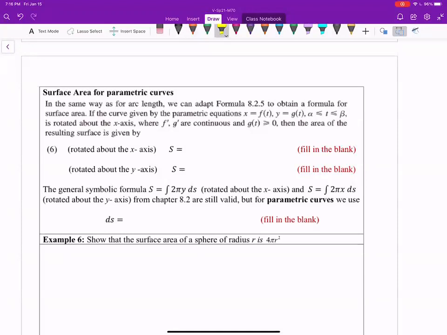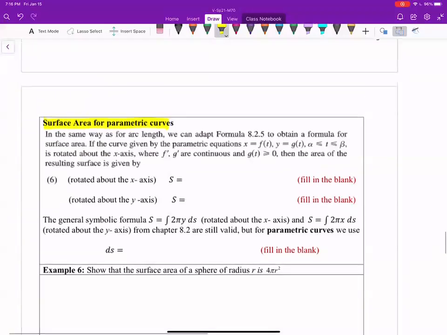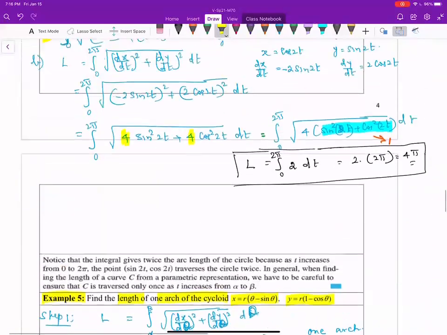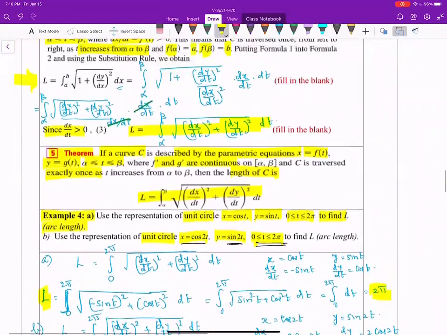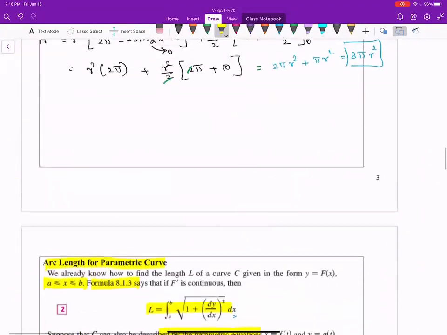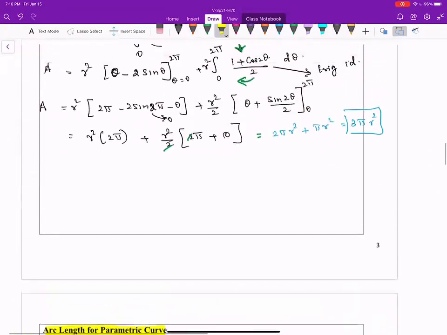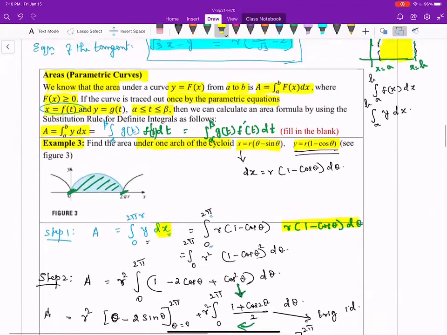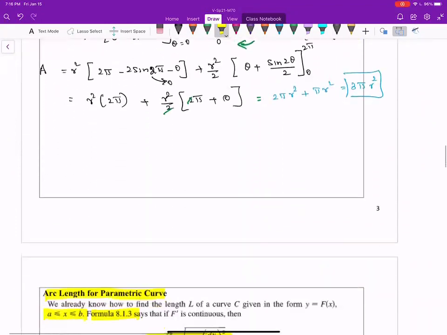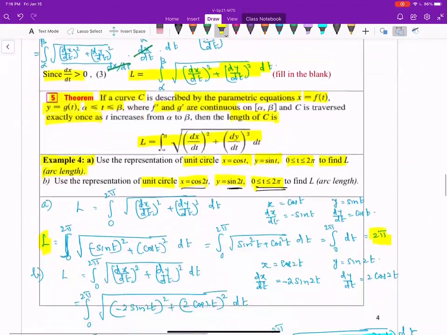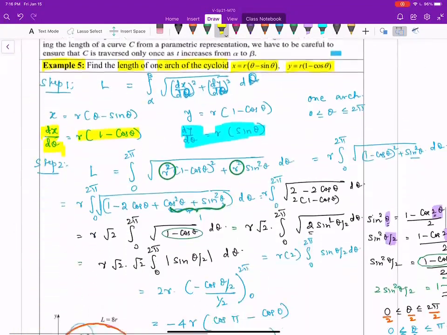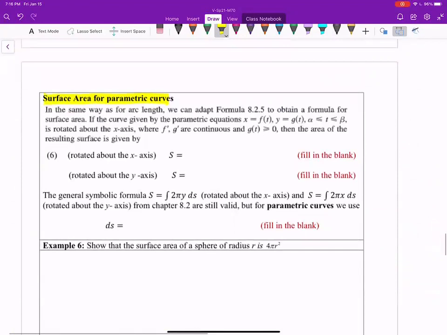The last part of the section is about surface area. So you notice that in this section, you're learning a lot of information. The horizontal tangent, vertical tangent, writing the equation of a tangent line, and then you saw area of a parametric curve, and then you saw length of a parametric curve, and then the next part is going to be surface area of the parametric curve.